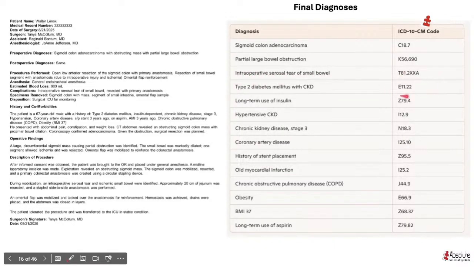Also, this diabetes mellitus was not coded as a combination code. They just coded diabetes mellitus and they coded neuropathy separately. One of the chats did not code long-term use of insulin. The other one did. Neither coded the hypertensive CKD. They just coded it as straight hypertension. And what else was missing?